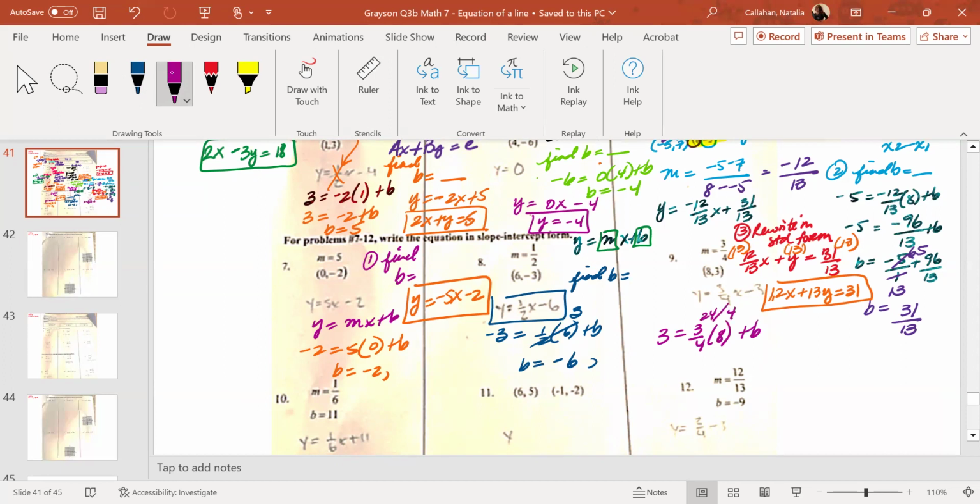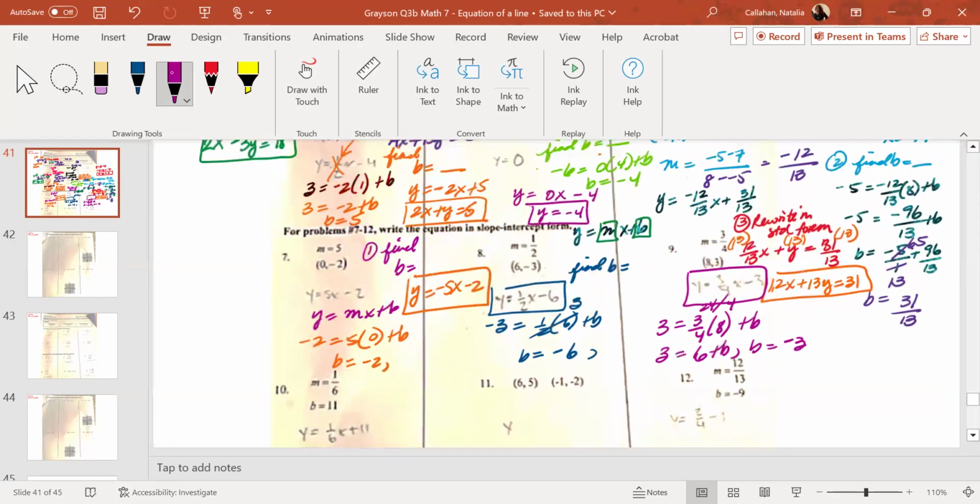One over 4 over 46. Your B is a -3. That's good. Yep, that's exactly what it is. Good job. All right. Move on, number 10.